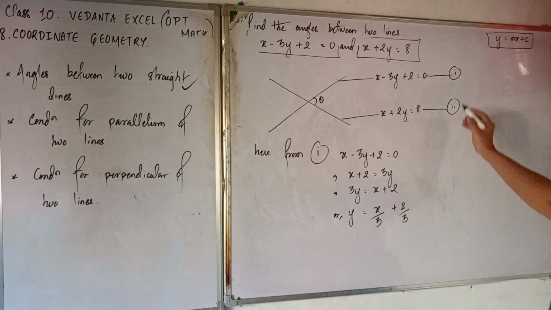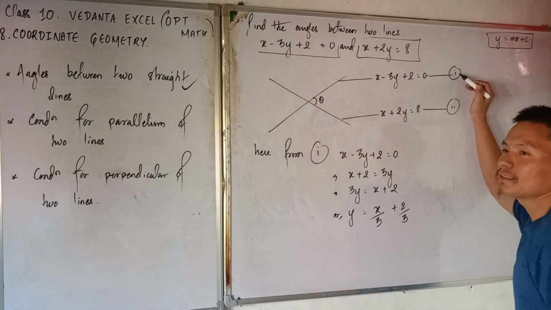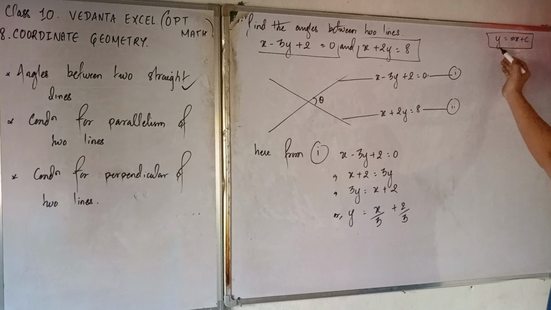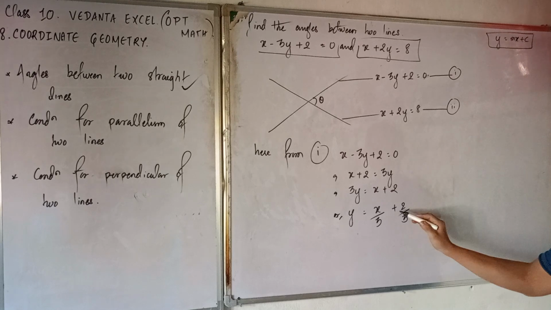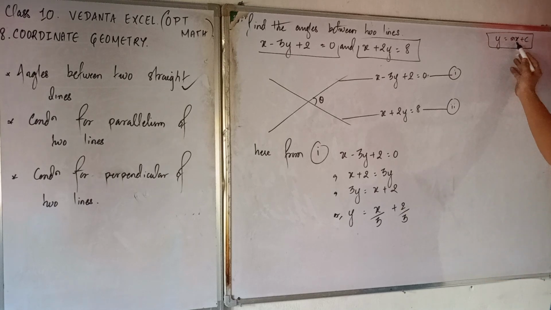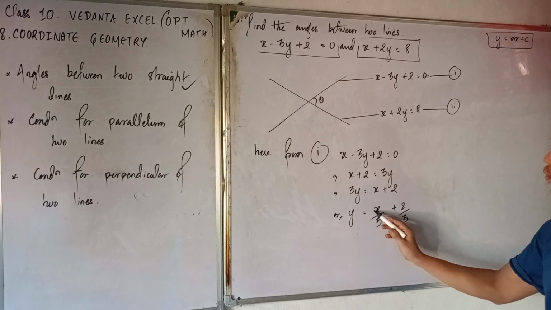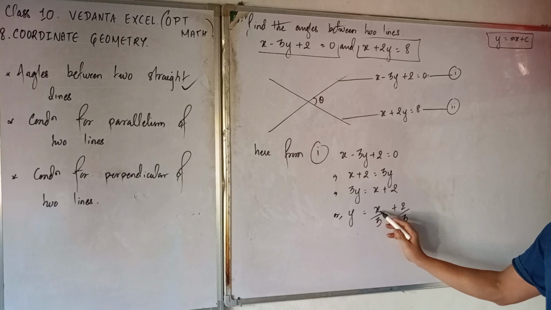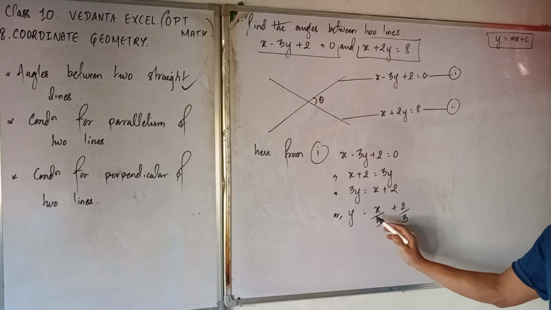So let line I slope be represented by m1. When you compare this equation with y equals mx plus c, what do you get as the value of m here? 1 by 3. X by 3 means the coefficient of x will be 1 by 3.